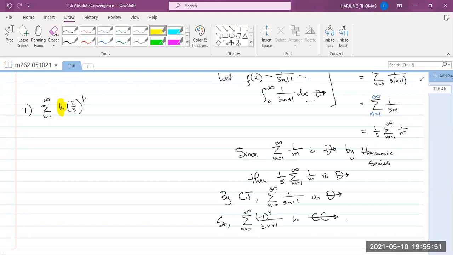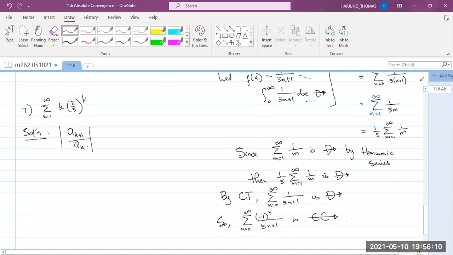So is this geometric or not, Thomas? You will see later on it has something to do with geometric tests, but for now we will say it's not. Now, how do we show that this is convergent or divergent? I will first show that a sub k plus 1 over a sub k. Basically, I do the ratio test.